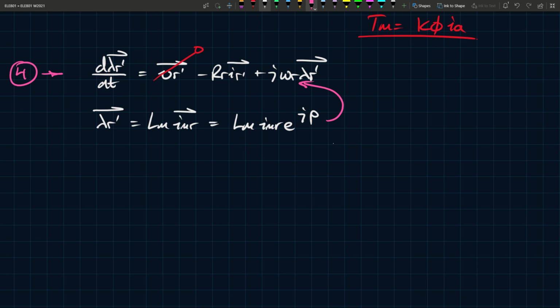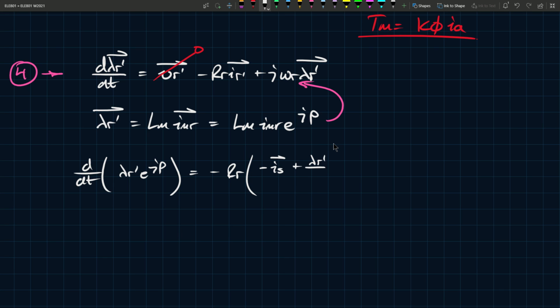So if you substitute that into the equation above, you get d over dt of lambda r prime e to the j rho, and this is equal to minus RR times minus IS, maybe we put a bracket here because it'll make it clearer, minus RR minus IS plus lambda r prime over LM e to the j rho over 1 plus sigma r.